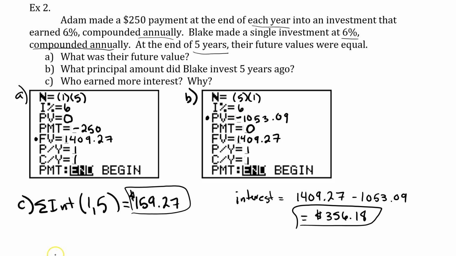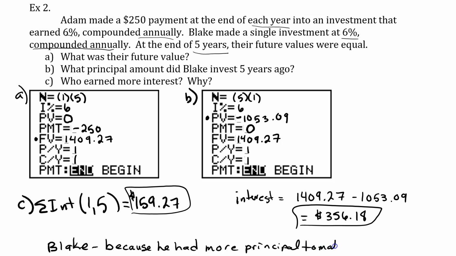So if we were to write an answer, who earned more interest? Why? Blake, because he had more principal to make money from initially.